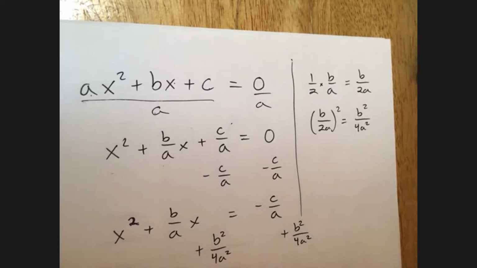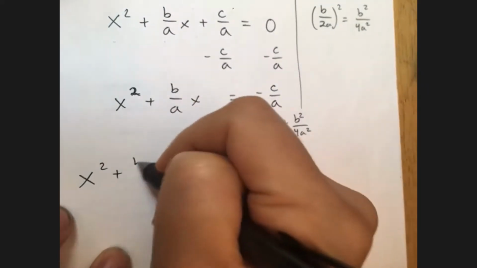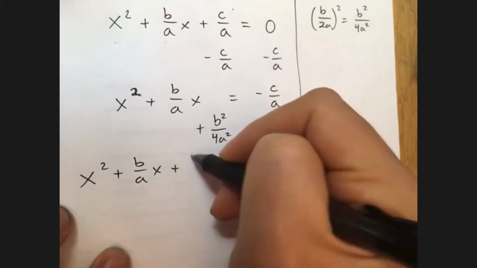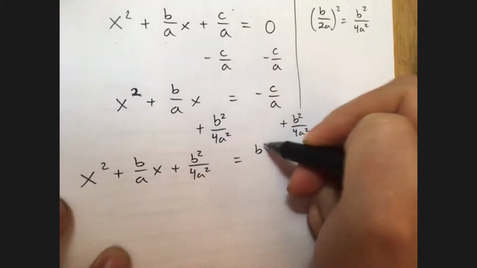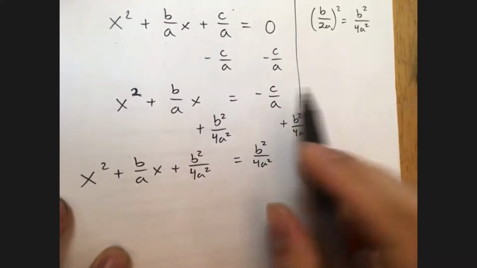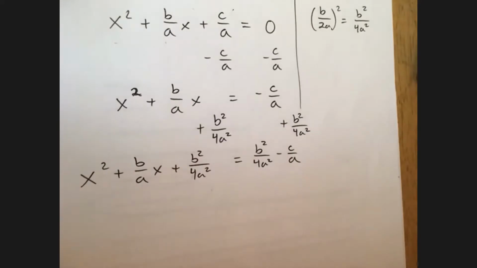Okay, so we do it. We get x squared plus b over a x plus b squared over 4a squared equals b squared over 4a squared minus c over a. A little messy, but if we just keep track of what we're doing, we can be sure we're doing it right.